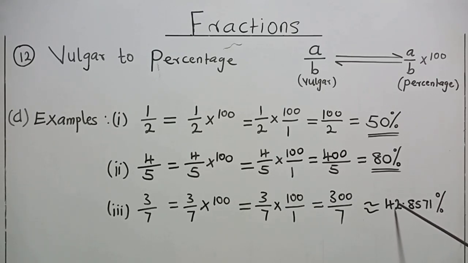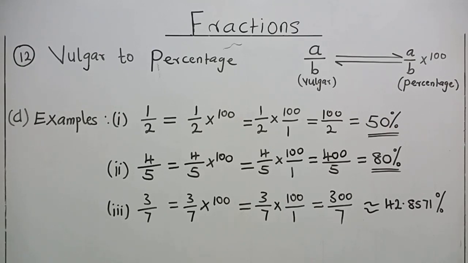So the answer approximately is equal to 42.8571. This third example highlights the fact that we don't always get a whole number when we convert a vulgar fraction to percentage. So it is possible for us to get a mixed number or even an outright decimal, but still expressed as percentage. At this point in time, please check if you have been following what I've been saying.